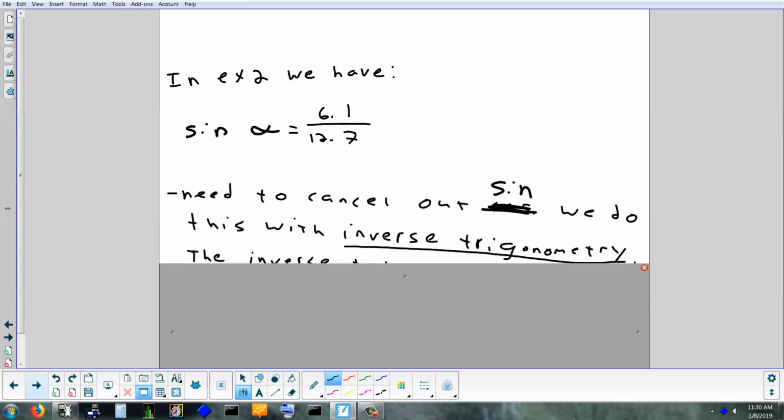You do the opposite of sine. What that's called is inverse trig. Specifically, we're going to use inverse sine. If you asked how you get rid of squaring, you could say the inverse of squaring, but we have a name for that: square rooting. How do you get rid of sine? Inverse sine. That is the name. That's what you use.